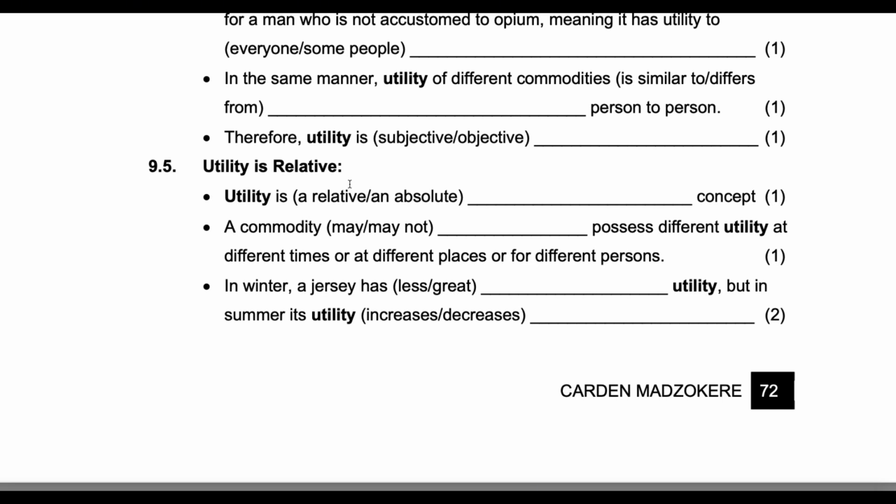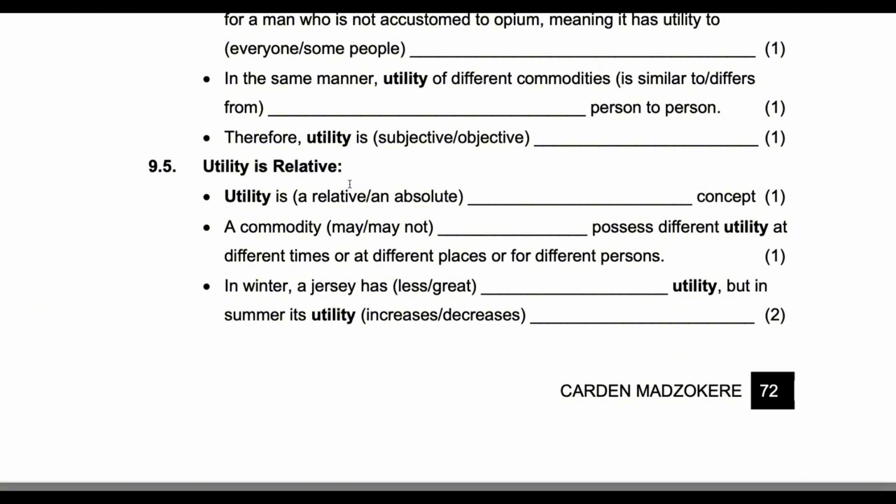Like street lights, they have utility at night. During the day, they do not. So they should be switched off, and once it's night time, we switch them on because now they have utility. So it's relative.